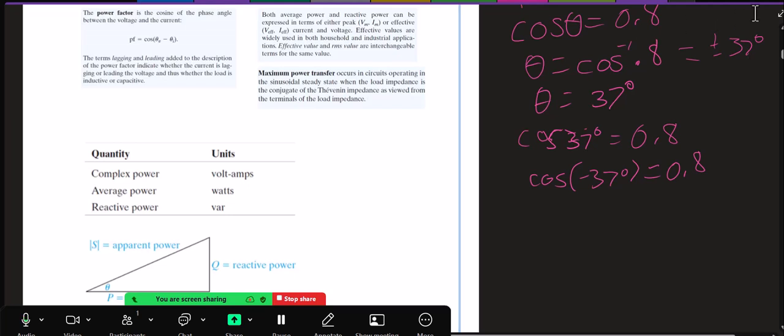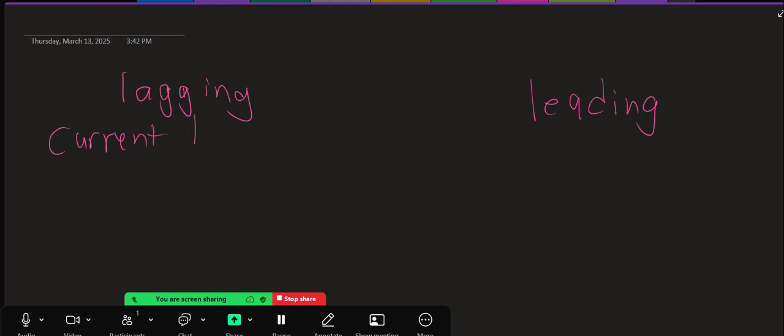So we have lagging or leading. I'm going to make a little chart of the characteristics. So this means current lags voltage.